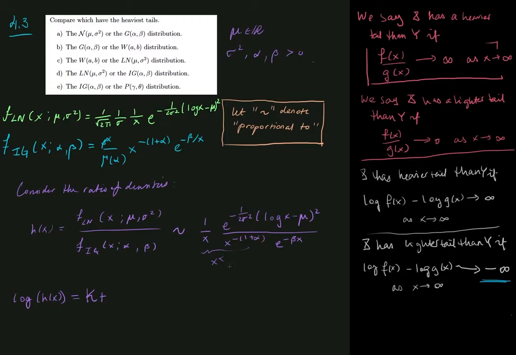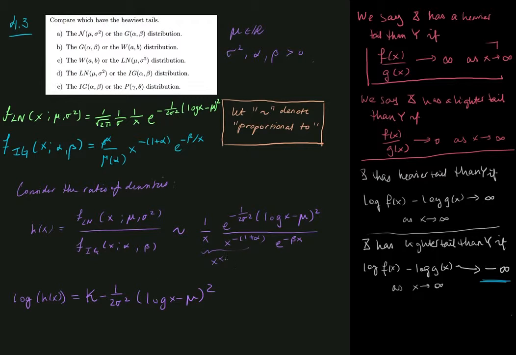In the numerator, I have the log of e to the minus all of this, and that is just minus 1 over 2 sigma squared multiplied by log x minus mu squared.